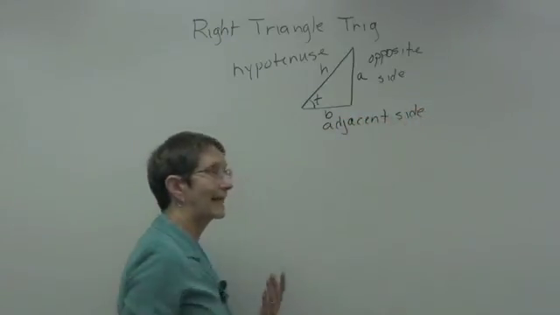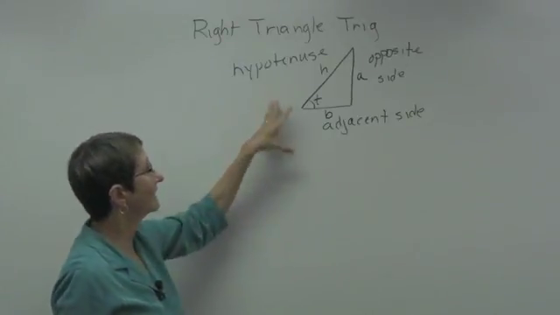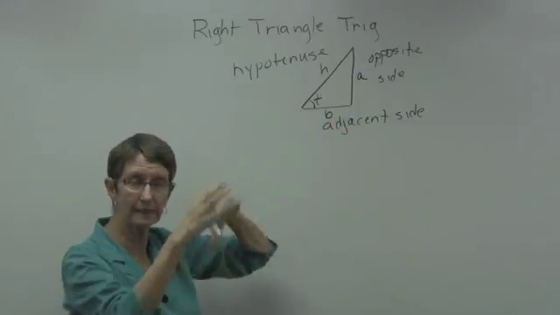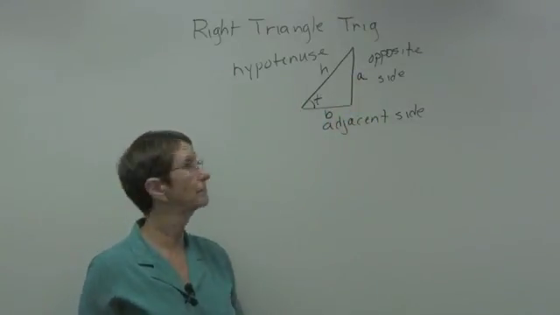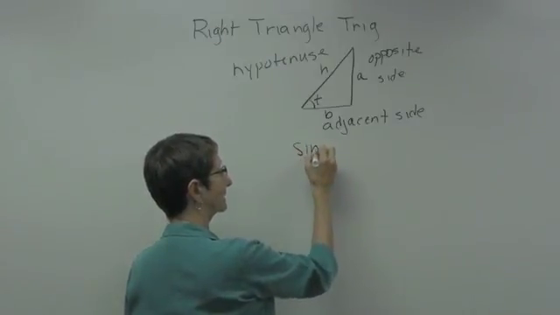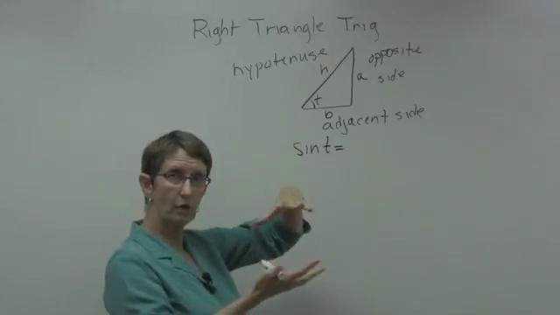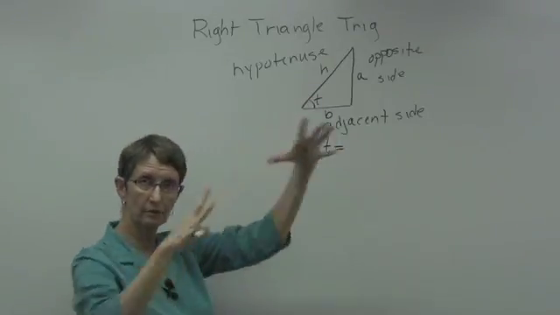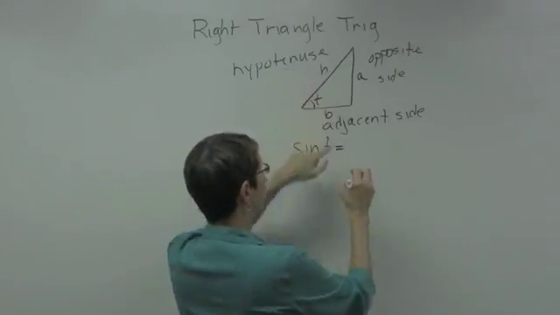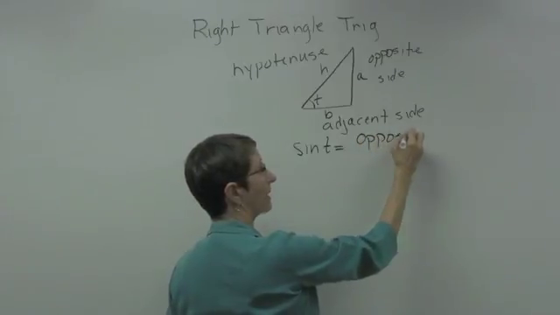And we can write all 6 of our trig functions in terms of opposite, adjacent, and hypotenuse, depending on which function we have. So if I take the sine of angle T, that ratio, no matter how big the triangle, the length of the sides, for the sine is the opposite side divided by the hypotenuse.